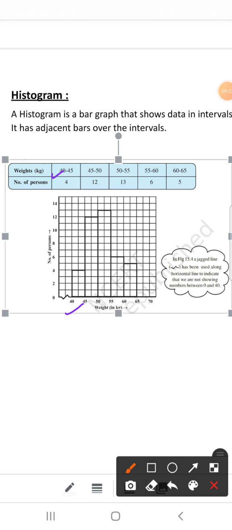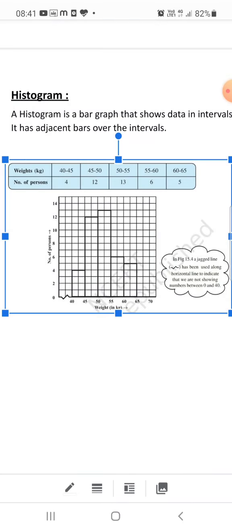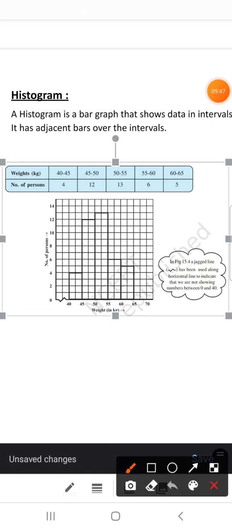We haven't written here 10, 20, 10, 15, 20 and so on. So for this we have just made this jagged line. Whenever you don't write the numbers which are in between, you have to make that line here. I hope you understood that. Write all these things because this concept is very important.